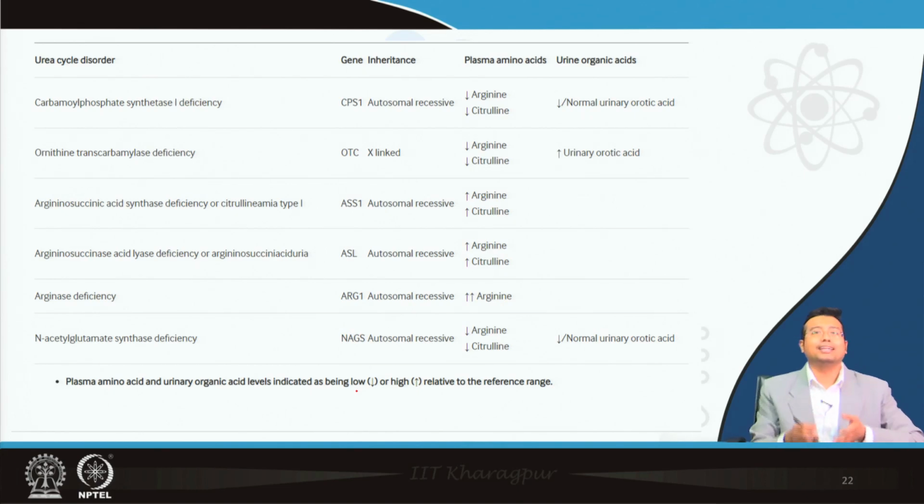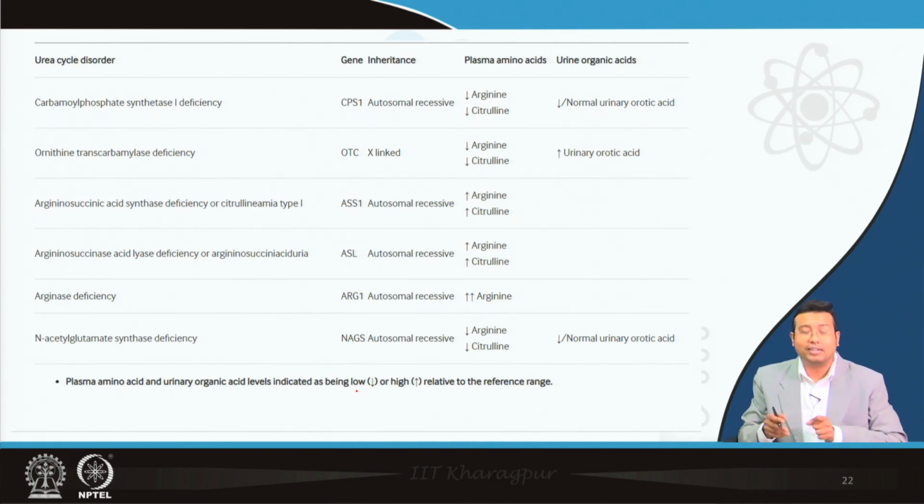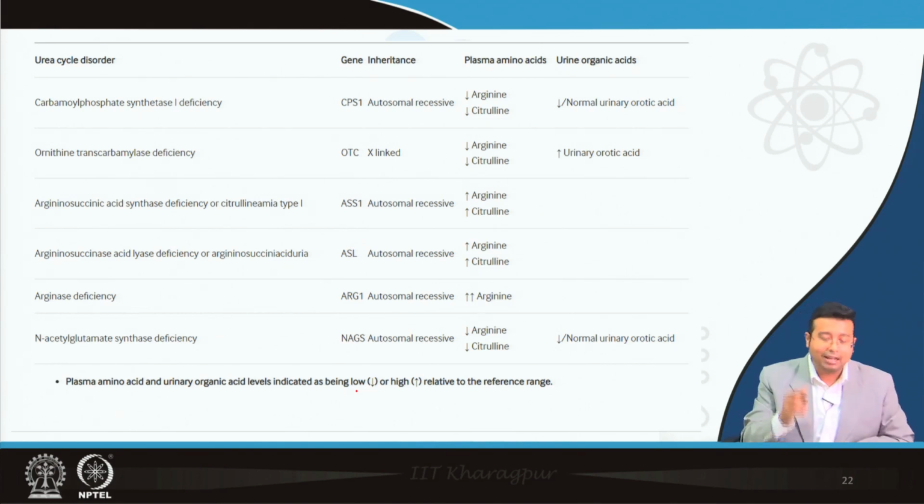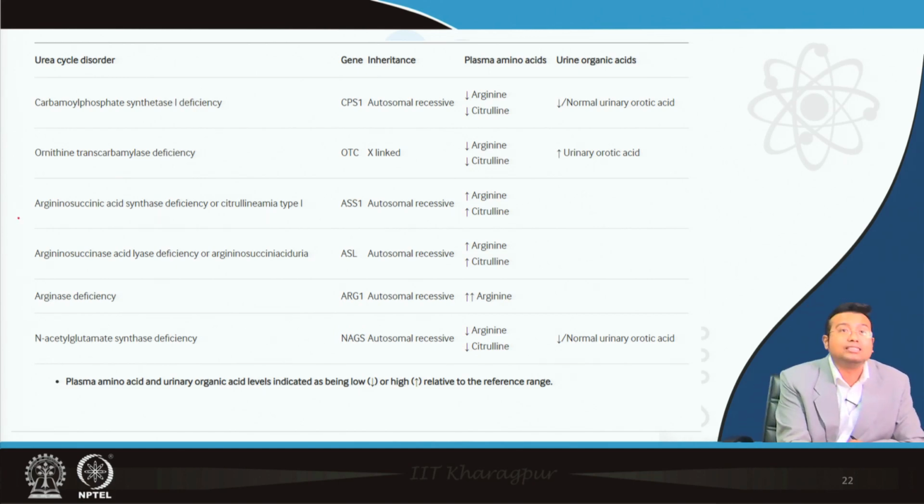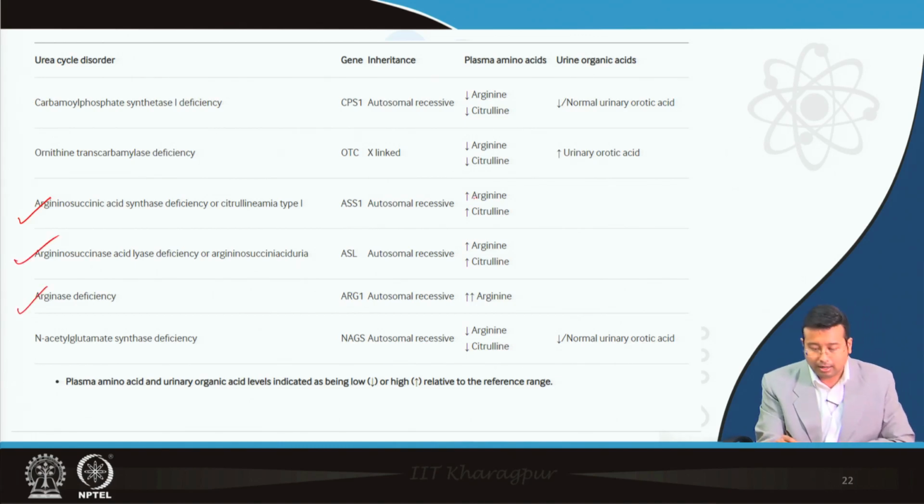This is again one slide showing all the disorders. I will be discussing all these disorders very soon in another table, but for now you should remember, whenever the enzymes are later enzymes, there will be increased accumulation of both arginine and citrulline. So, argininosuccinate synthetase, argininosuccinate lyase deficiency are characterized by increased arginine and citrulline.